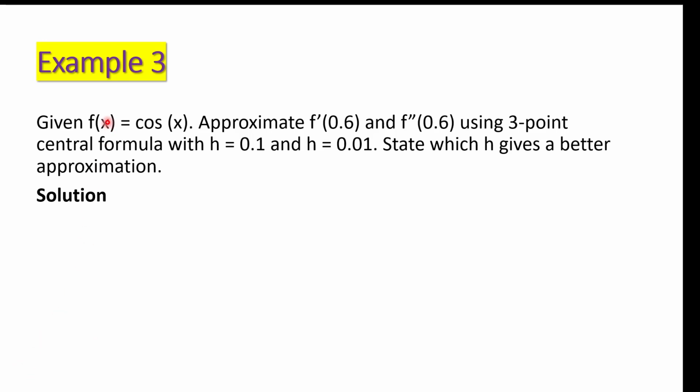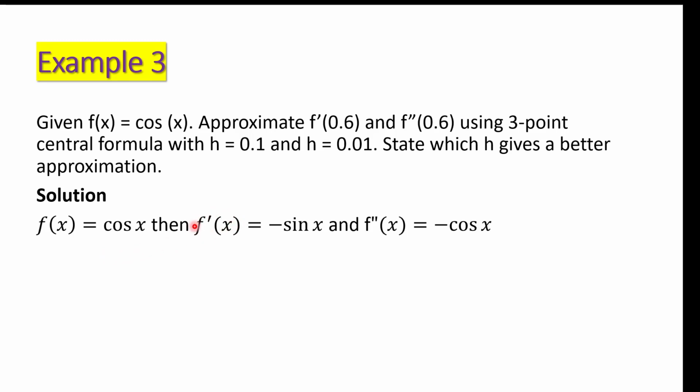From f(x) equal to cos x, you can differentiate directly to get the first derivative, which is negative sin x, and the second derivative, you differentiate negative sin x, you get negative cos x. Then for f prime 0.6, you plug in and get negative sin 0.6, which is equal to negative 0.5646.